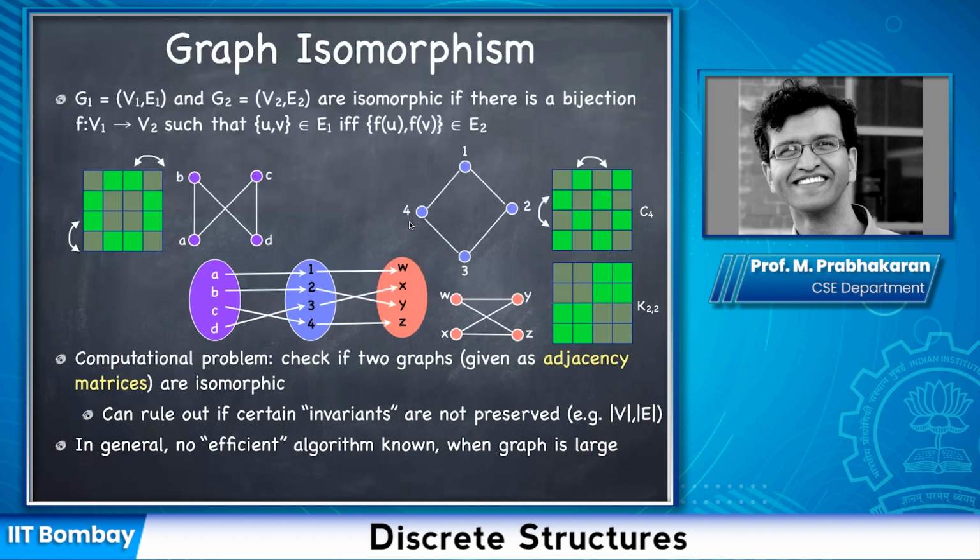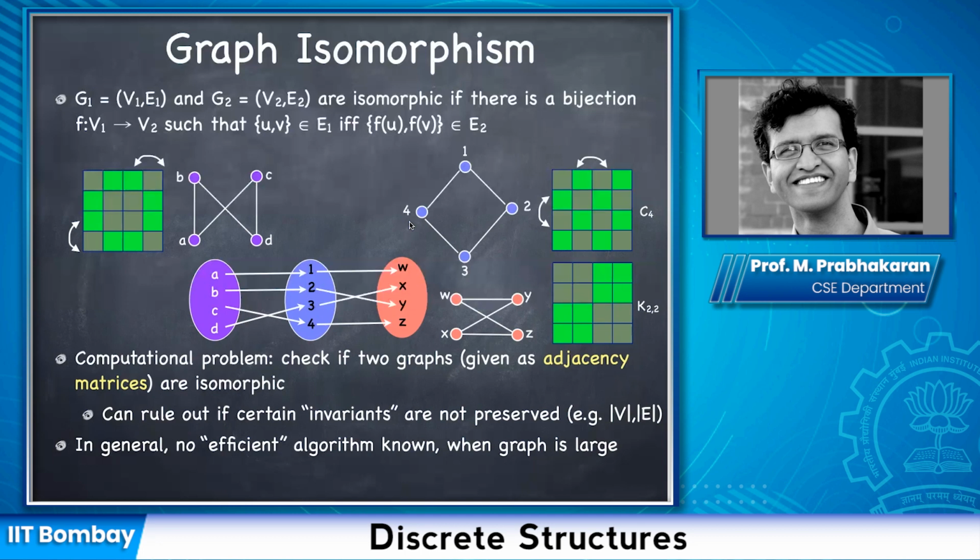In fact, there are no efficient algorithms known when the graph is large. There are pretty good non-trivial algorithms, and they do work very well in many graphs, even graphs which are not particularly small. But in general, in the worst case, these algorithms could take a long time on large graphs.